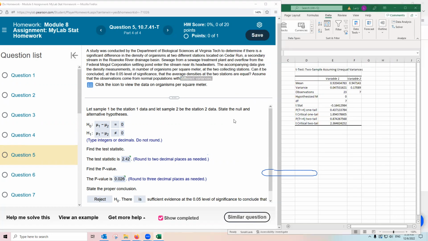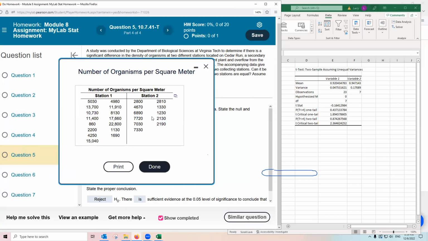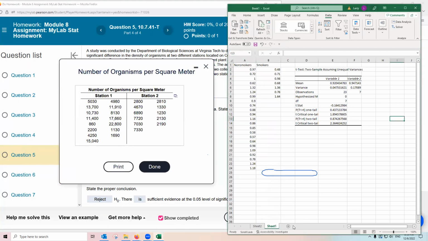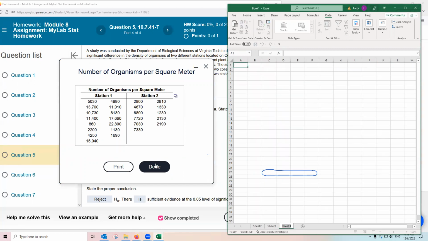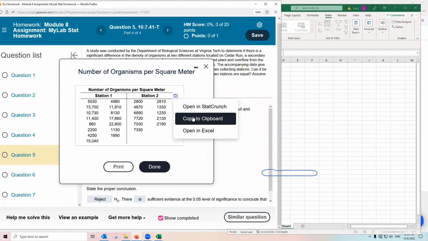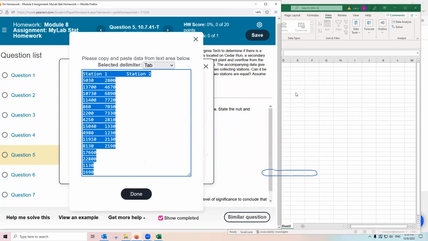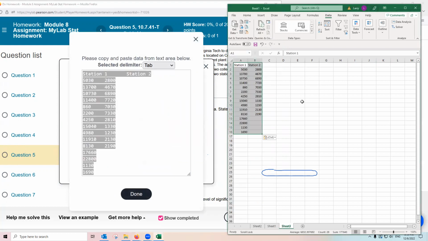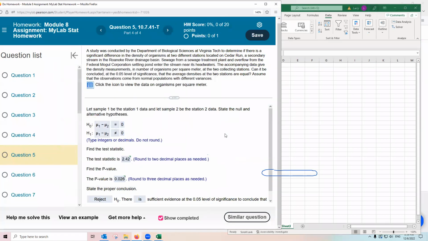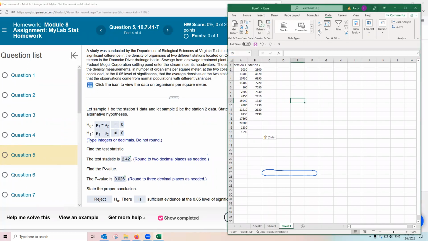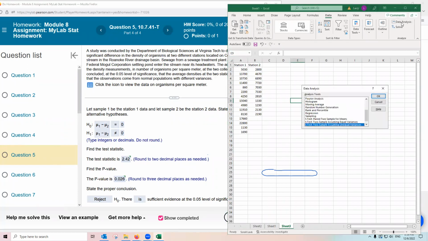So I'm going to use the same Excel setup we did a few minutes ago. All right, so let me go back. Let's open up the data set. And I'm going to go ahead and copy this data into Excel. I'll make up a new sheet here. So let me copy this data into Excel. Here it is. Okay. And I know it's unequal variances. So I'm going to go back to data analysis.